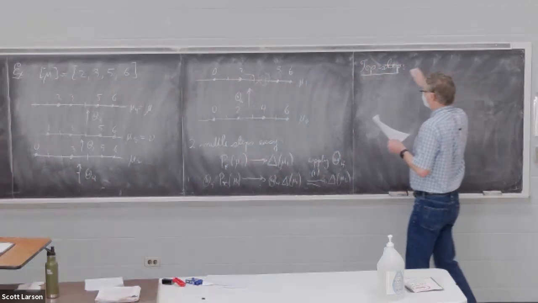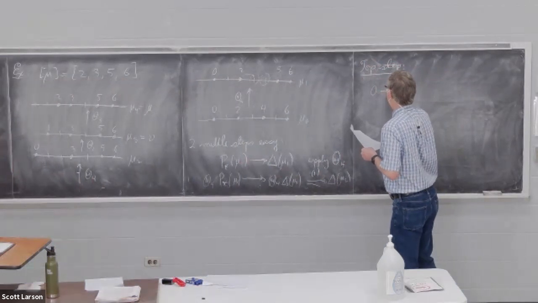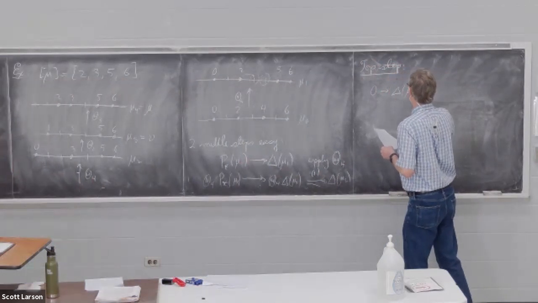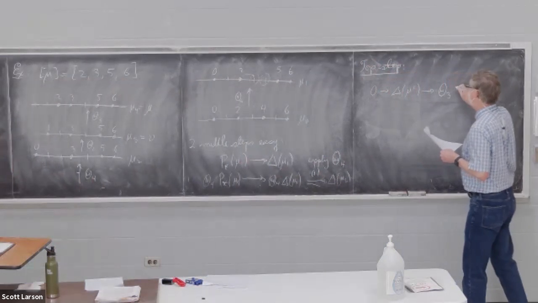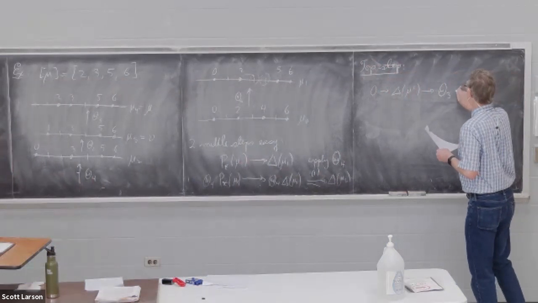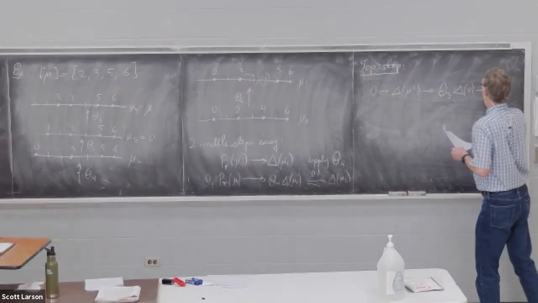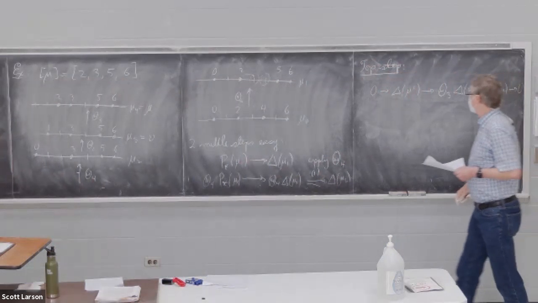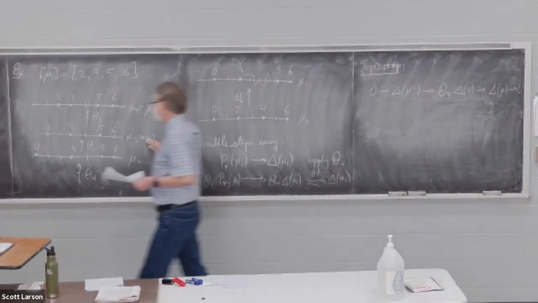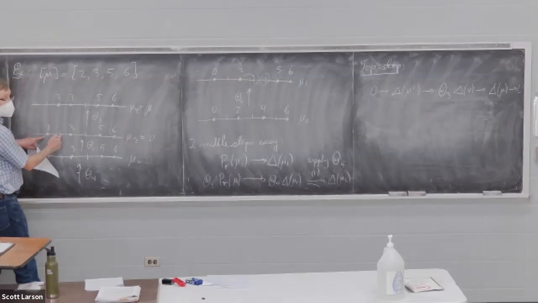So remember, I get a short exact sequence. Theta 3, I guess I'm applying. Mu is this guy here. I'm trying to move a dot over one place, and I get this as one of the guys. This is the guy mu that's in the head of this middle term.